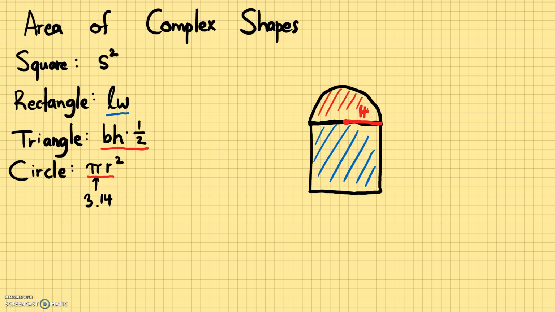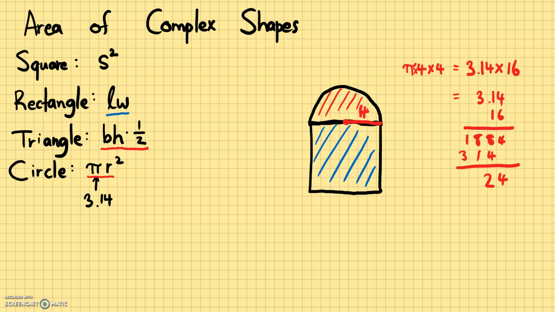So the area of the circle is going to be pi times 4 times 4, and we'll use 3.14 for pi. And then 4 times 4 is 16. And if you multiply the two together, 3.14 times 16, we get 50.24. Add them together.